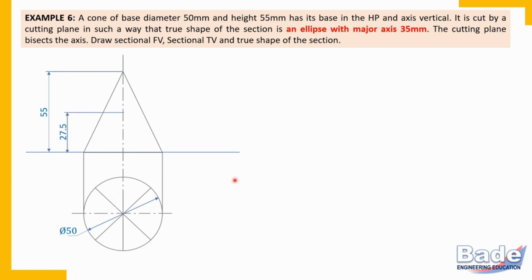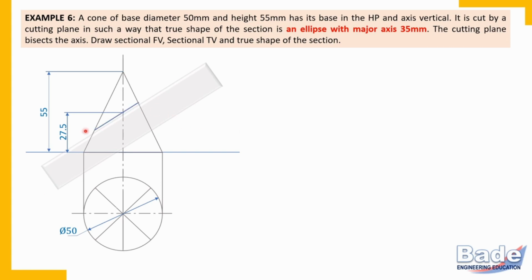Look at midpoint of the axis. Set scale at the midpoint of the axis and use a trial and error method so that, watch carefully here, you get exactly 35 millimeter overlap here on the front view of the cone.